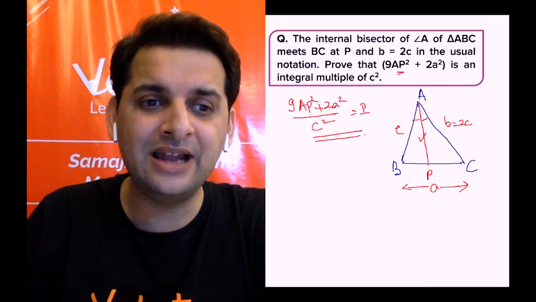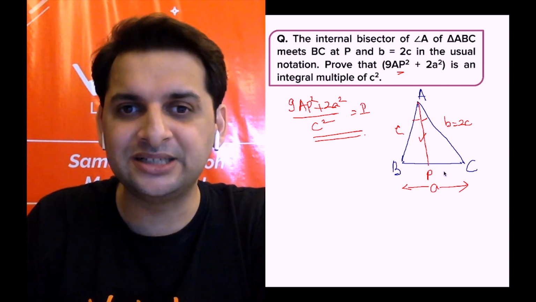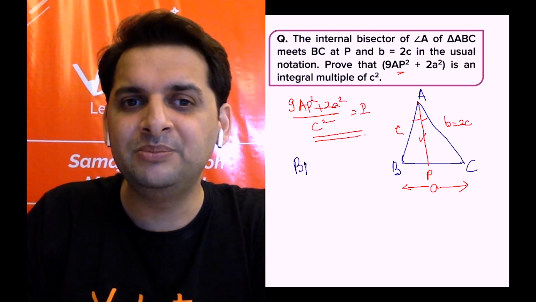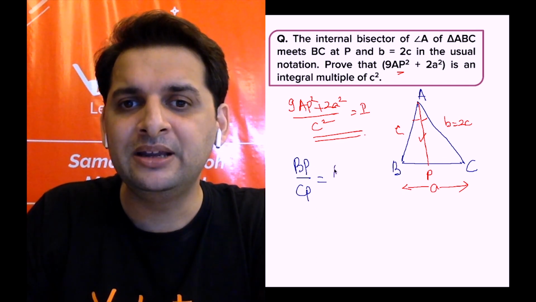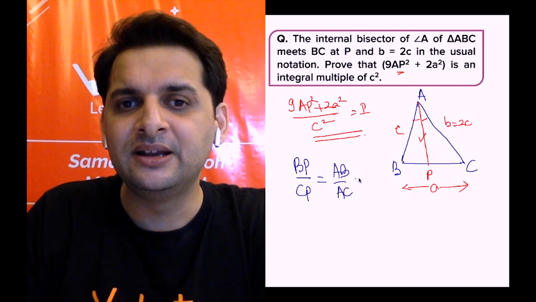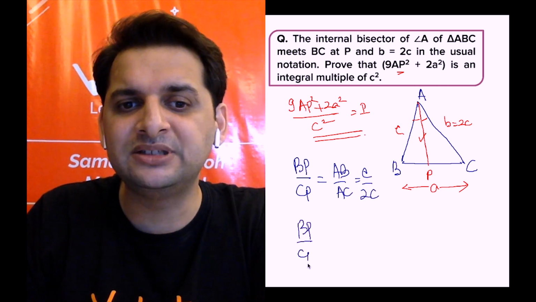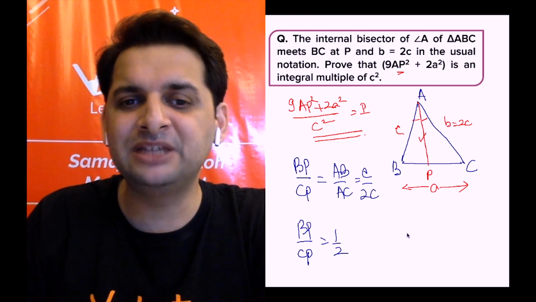Now, the angle bisector theorem says the angle bisector divides the opposite side in the same ratio as the length of the other two sides. So that means in this triangle, BP upon CP would be AB upon AC. And this is C and this is 2C. So BP upon CP is 1 upon 2.